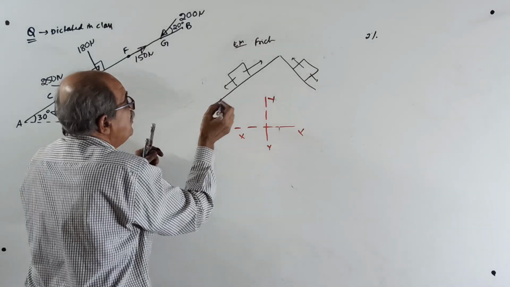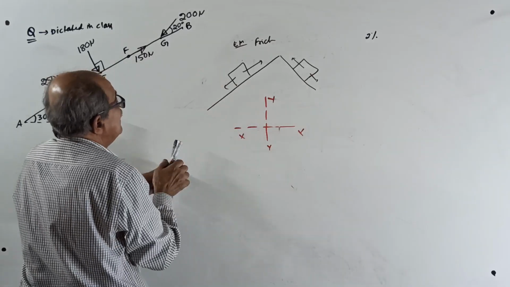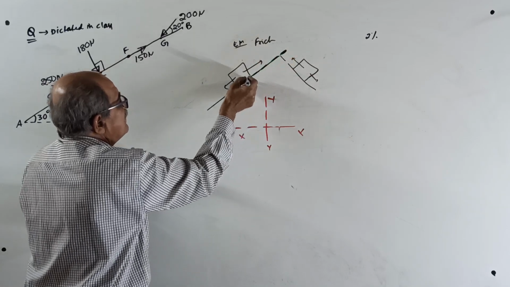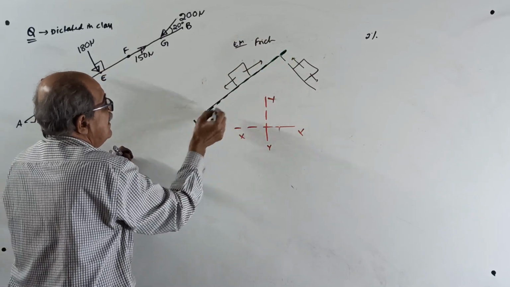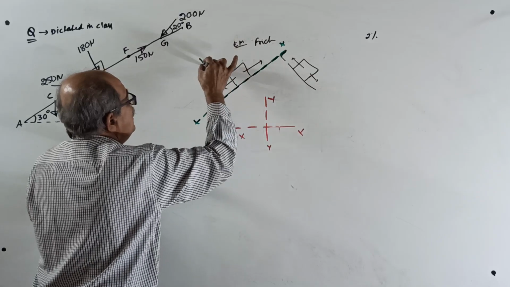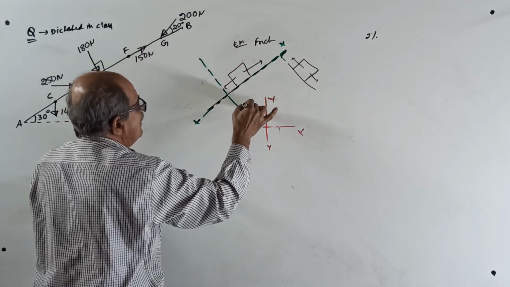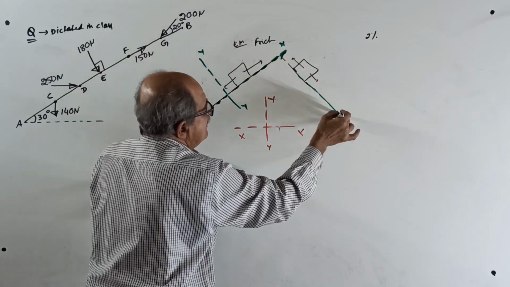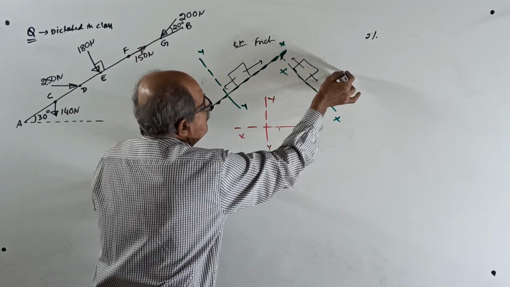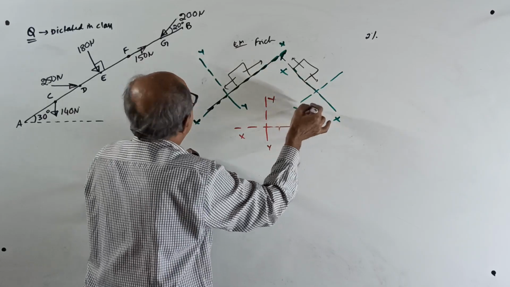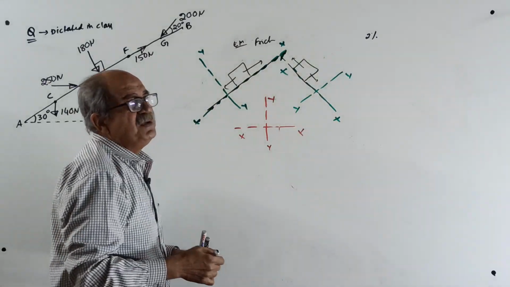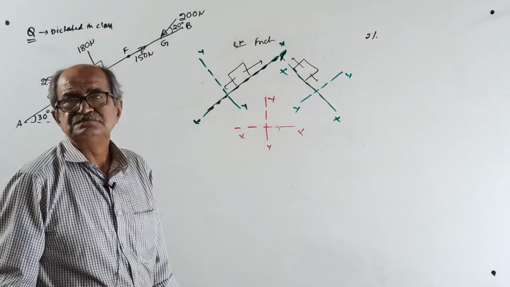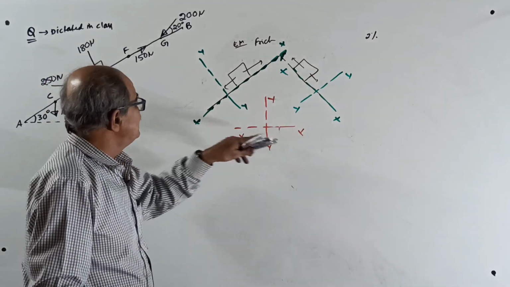What you can do is take XX along this plane and YY perpendicular to that plane. Or along this plane, you can take this as XX, perpendicular is YY. Then the solution becomes faster. The advantage is there. Now, this XX is not the earlier XX.